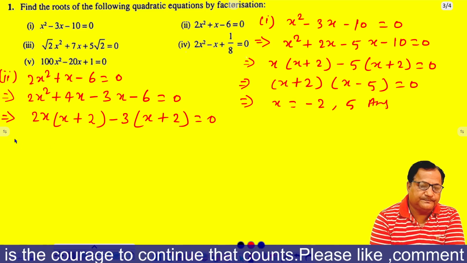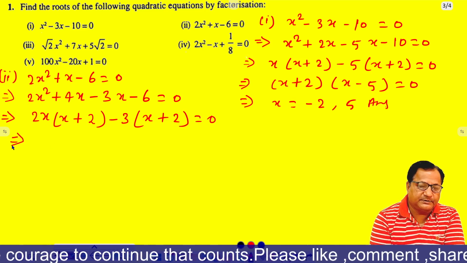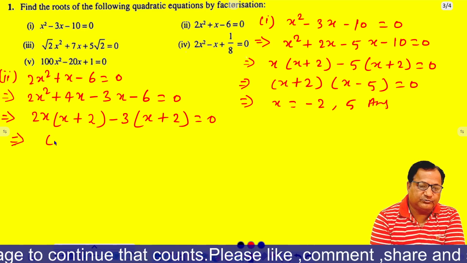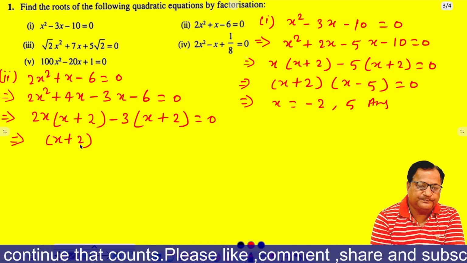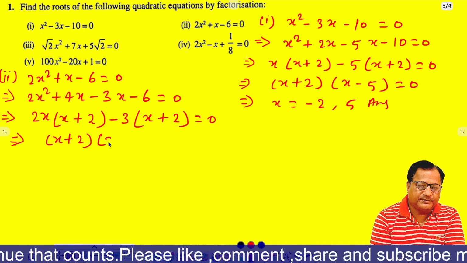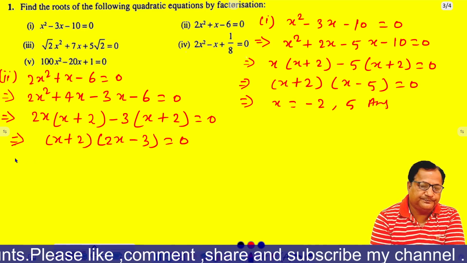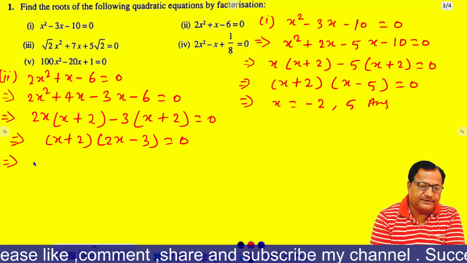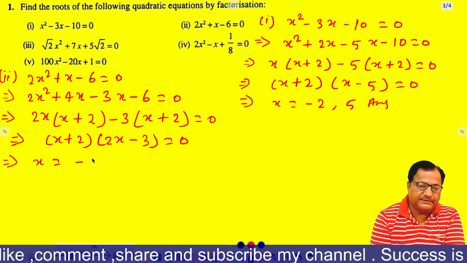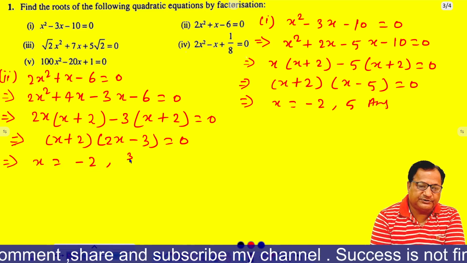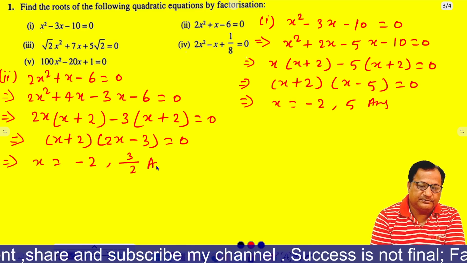Equal to 0. We'll take x plus 2 common, then x plus 2 times 2x minus 3 equal to 0. Then x equals minus 2 and 3 by 2. This is the answer.